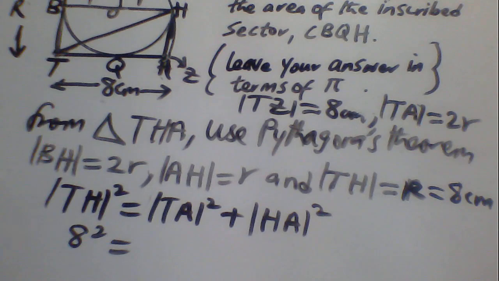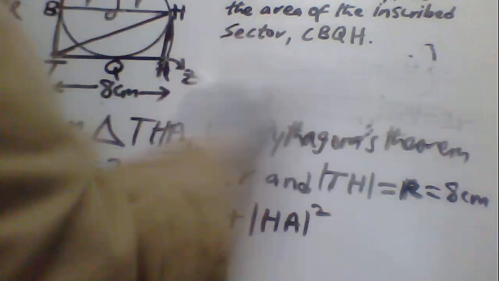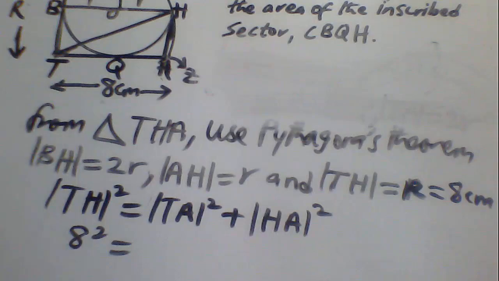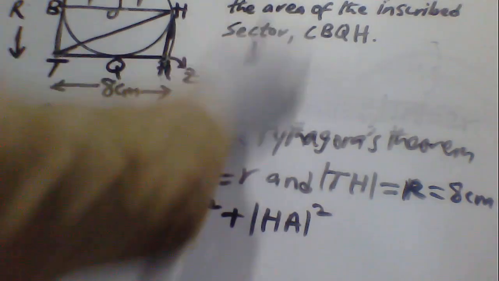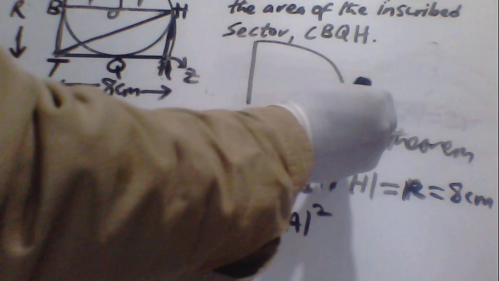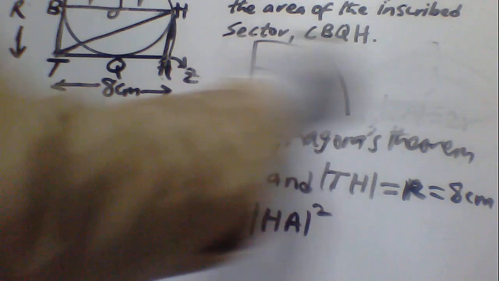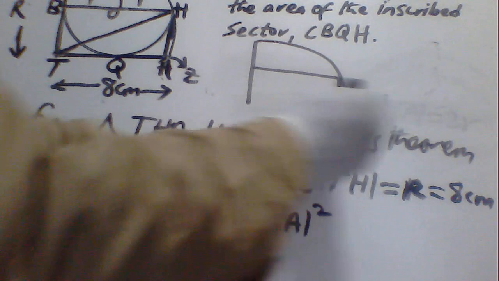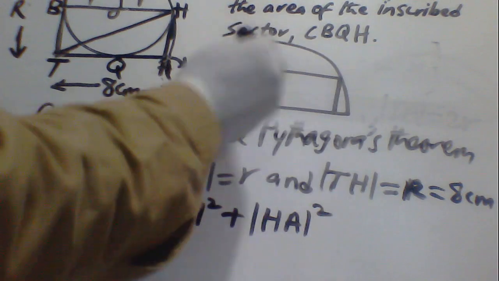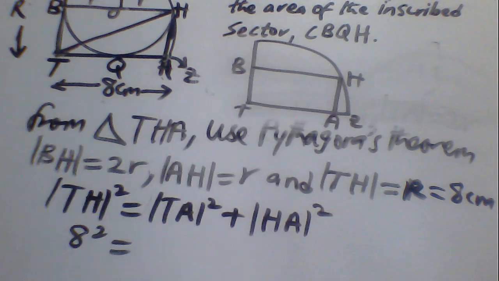I don't know if you understand it. Let me show you how it looks. It's supposed to be like this. Here is B, here is H, here is A, and here is Z, here is T. You see it?